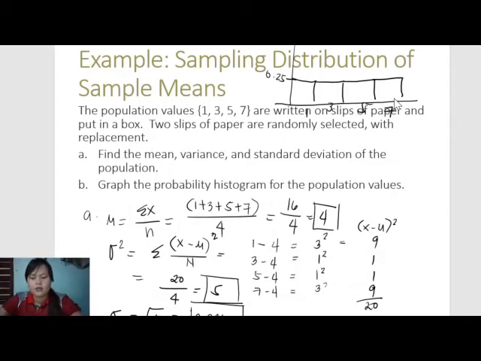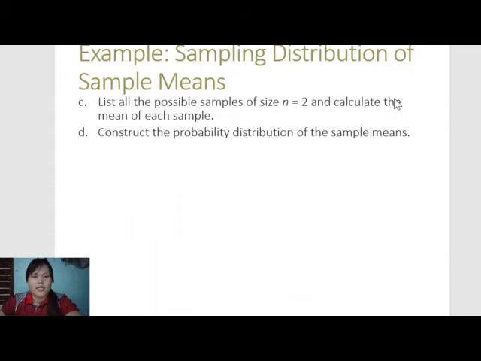Next. List all possible samples of size n equals 2 and calculate the sample mean for each sample.